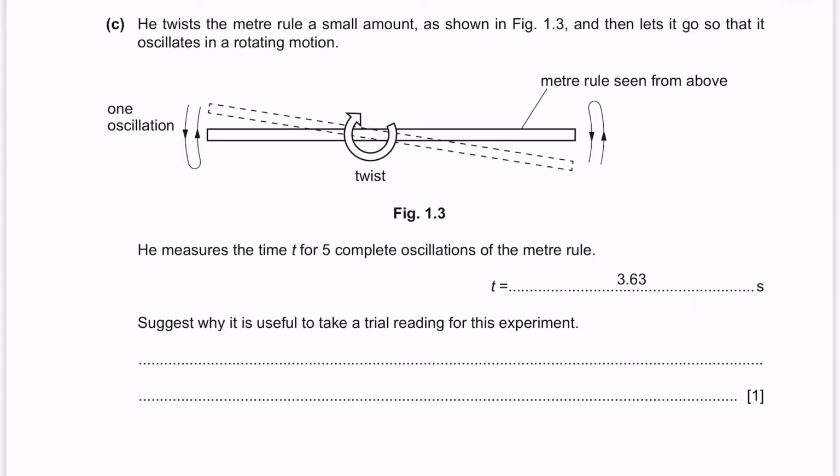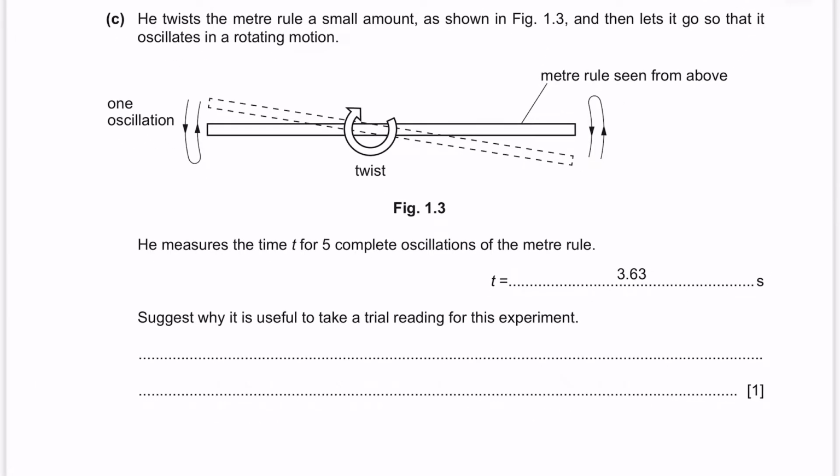So we always take a trial reading just to see if the values are measurable. Like sometimes we might take a distance very short or very long, if the time taken is too short, or if it does not freely oscillate.